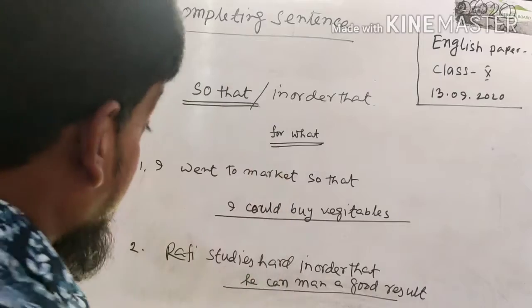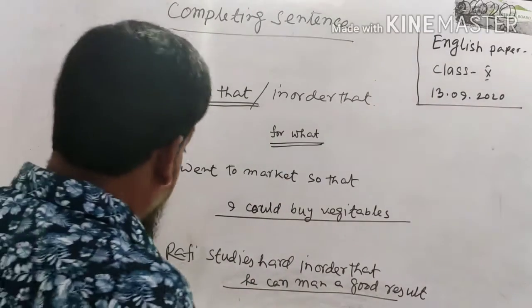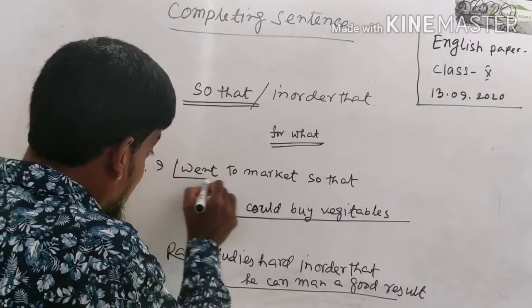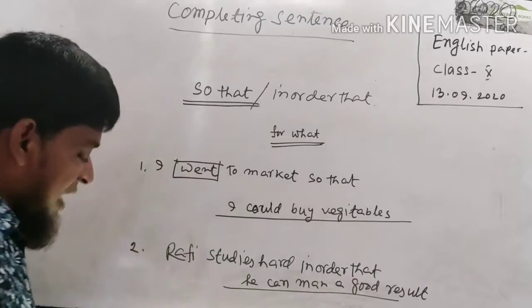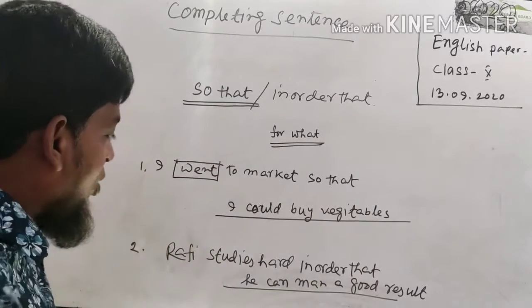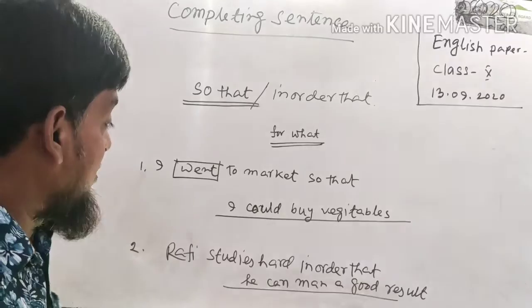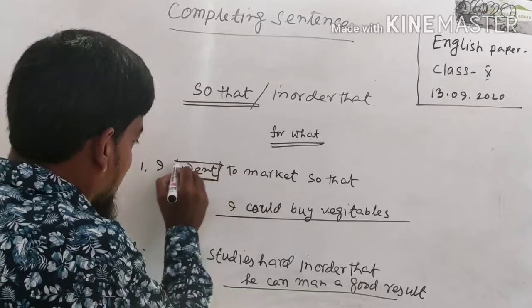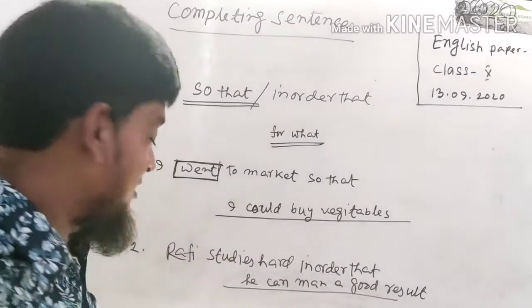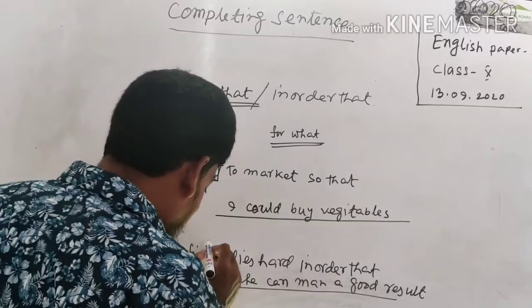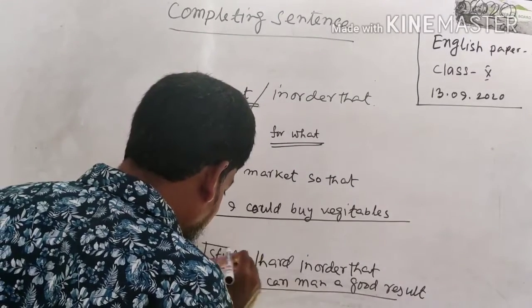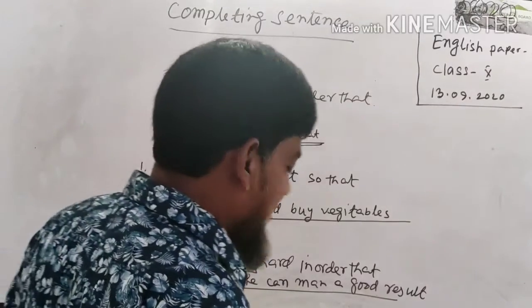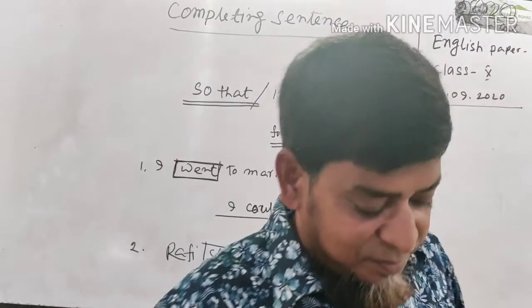My dear students, attention please. Here two sentences are given on so that or in order that. In the first example, went is past tense, and in the second example, studies is present tense.